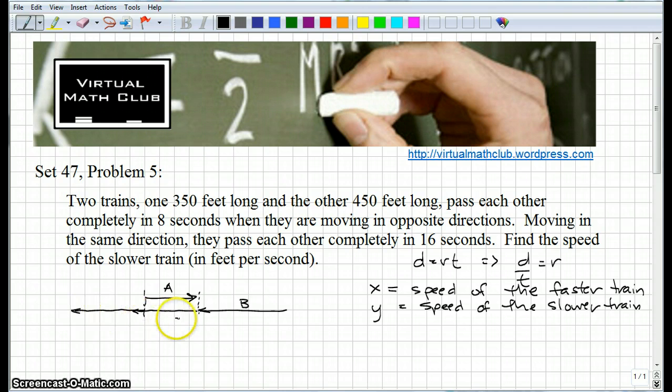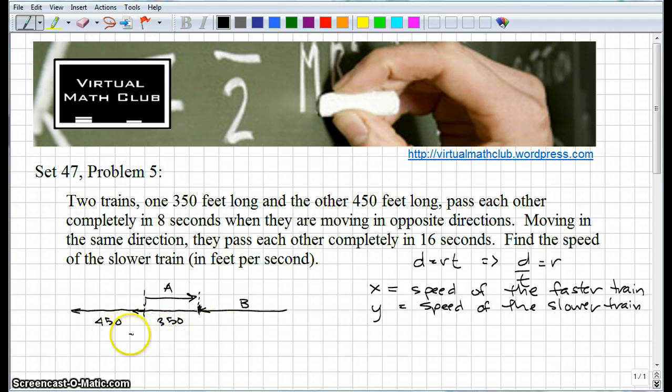Okay, so let's assume that's the same length. So how far does the train have to move? Let's just use the front of the train as our reference point. The front of the train has to move from the front of train A until it's 450 feet beyond the back of train B. So this is 350 feet, and then it has to move another 450 feet in order to completely pass train A, if train A is standing still.